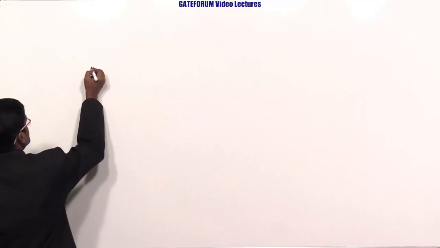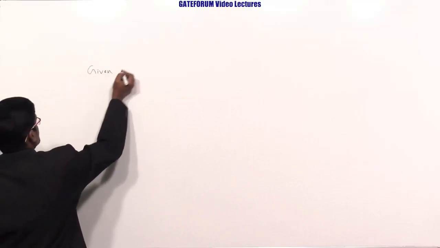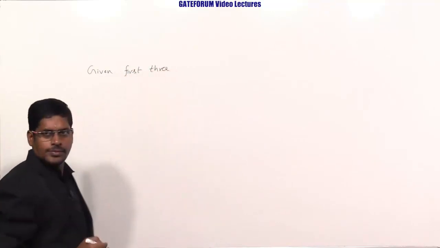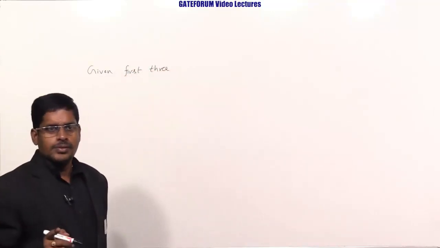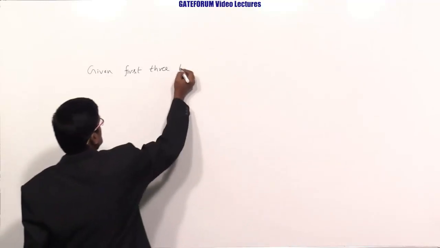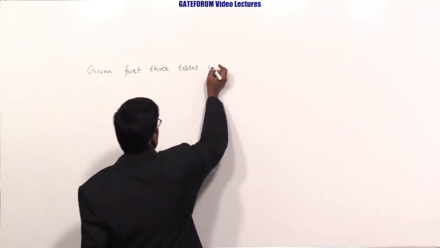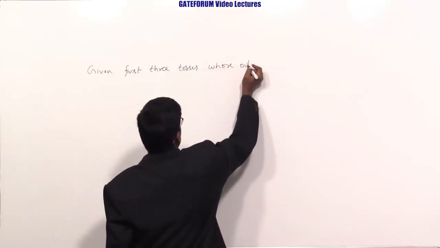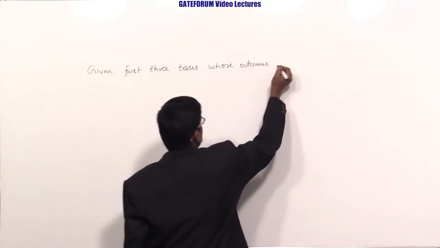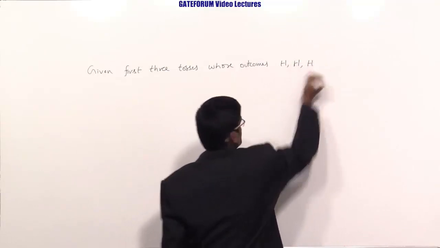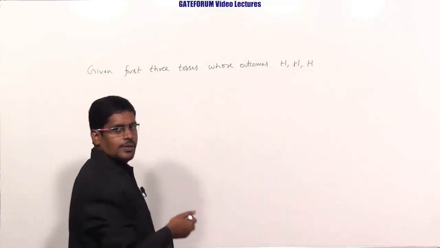Okay. So given first 3 tosses whose outcomes H, H, H. This is already given.